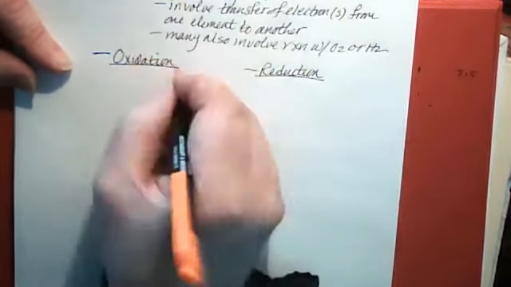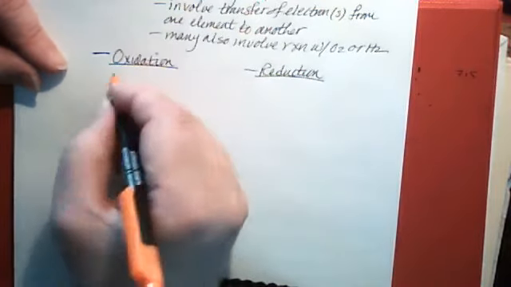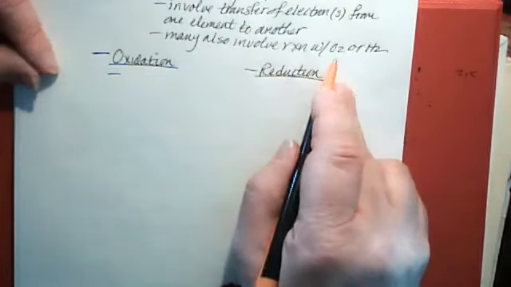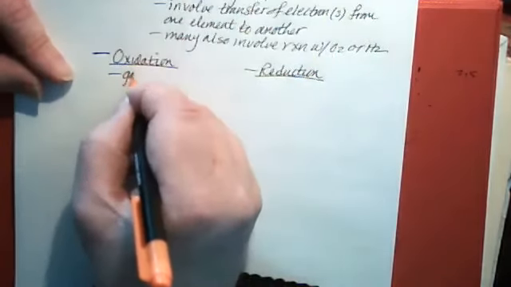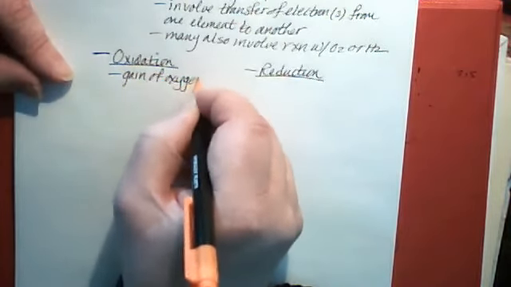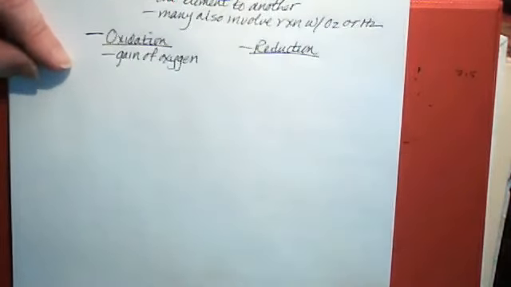In each case, oxidation and reduction are essentially the opposite of each other. So as I said, oxidation and reduction can involve reaction with oxygen. And so an oxidation could be considered a gain of oxygen.